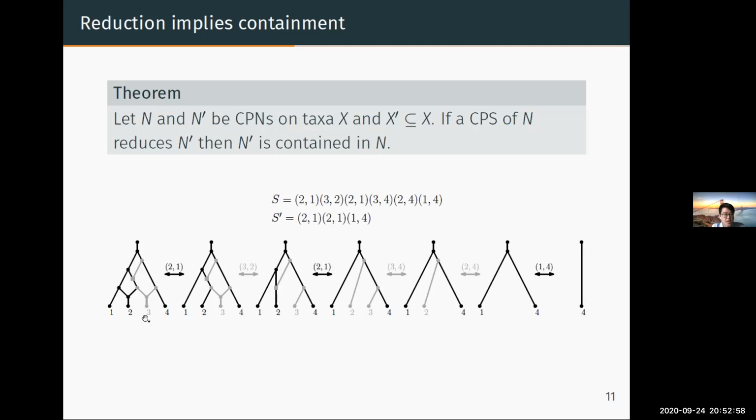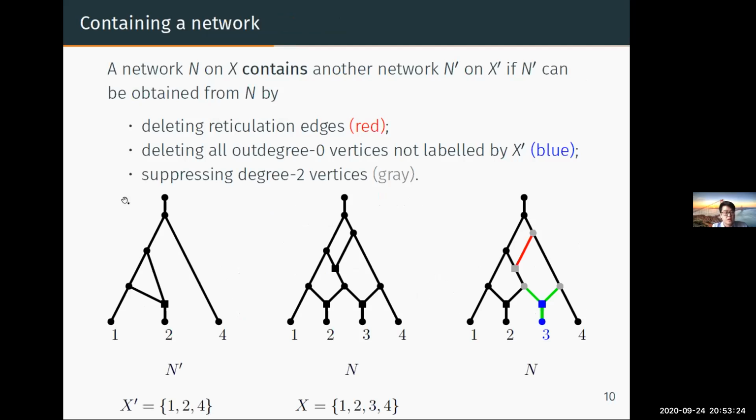So we have a network here, and let n be the network you get when you use both the gray and the black edges. And let n prime be the network that you get when you only use the black edges, right? So actually these two networks are the ones we saw on the previous slide. So that's this as n prime and this as n.